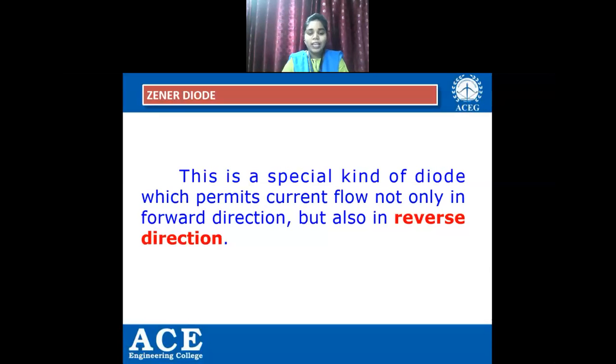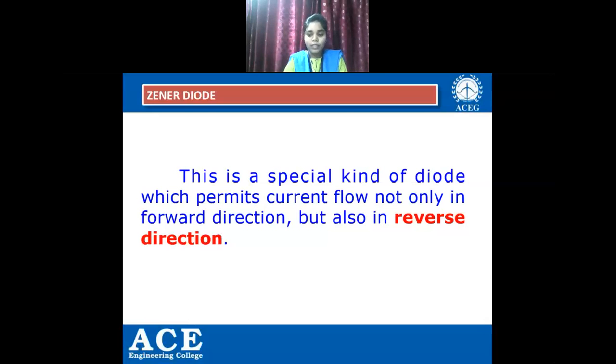Now let us consider a PN junction diode. If in reverse bias of a PN junction diode we increase the reverse voltage, at a particular voltage our diode is going to get damaged, or break down.